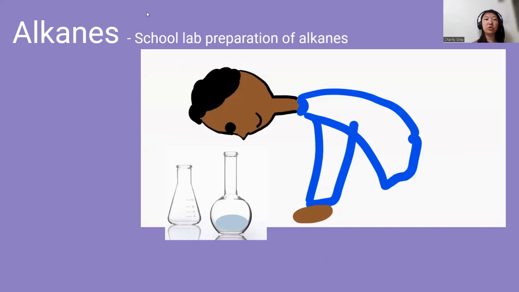So next we'll talk about school lab preparation of alkanes. This is something really important about the lab that you never want to do. In a lab, you can see this student is leaning on the table and looking over. His eye is directly above the flask, and there is material inside the flask. This is very bad because if the material suddenly makes a reaction and comes out of the flask, where is it going?